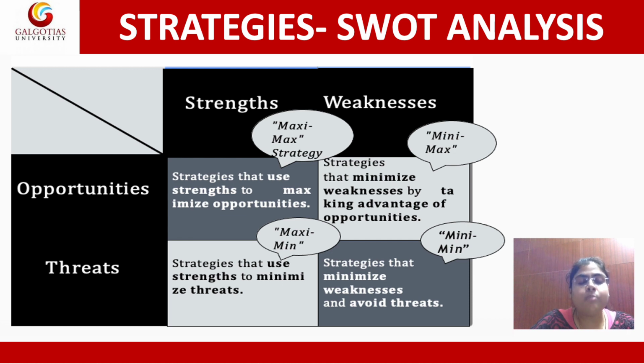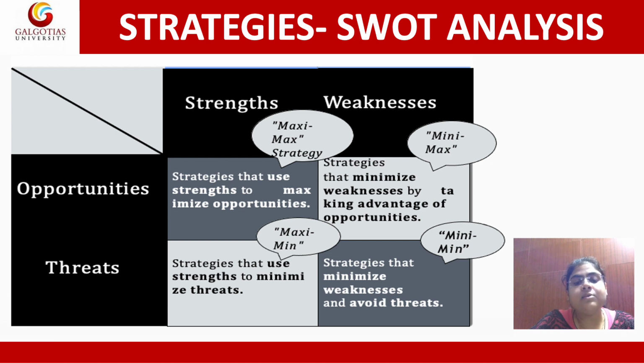And the last box of the matrix is of the weaknesses and the threats. In that, we need to formulate strategies which minimize the weaknesses as well as avoid the threats. Since both are on the negative side, we need to avoid both things.